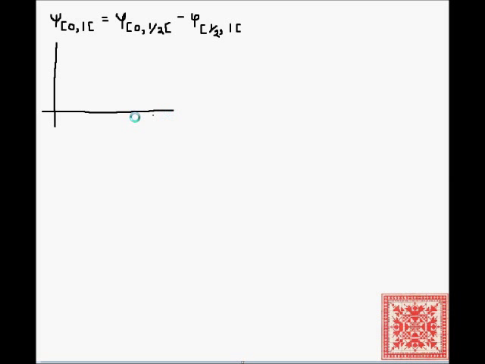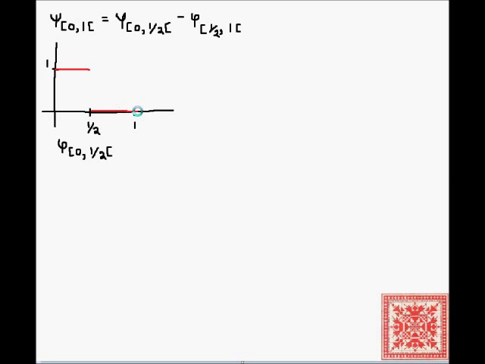So let's draw a couple of graphs and see what it actually means. This is half the interval, and this is 1. This is phi from 0 to 1/2, with 0 included and 1/2 excluded.